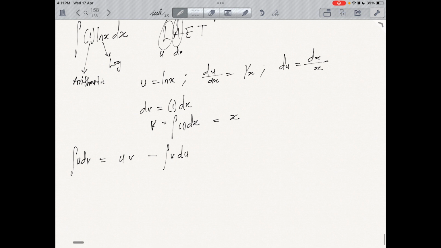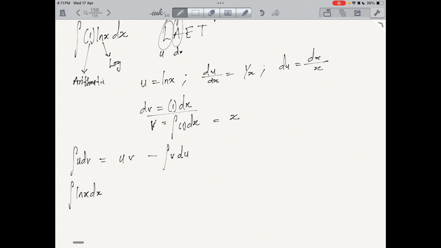We know that our u is ln x and our dv is 1 dx. So all in all, this can be written as the integral of ln x dx, which is the question itself.